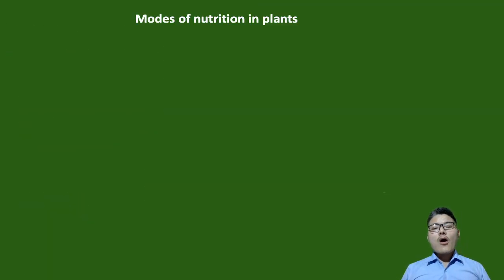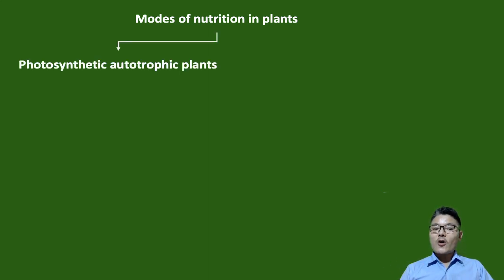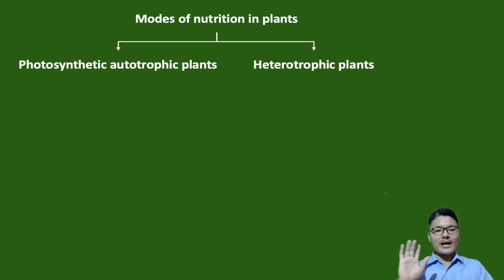Now, how are plants able to feed themselves? What are the different modes of nutrition in plants? Plants are not only photosynthetic autotrophic, they also follow heterotrophic mode of nutrition. So we have photosynthetic autotrophic plants and heterotrophic plants. In case of photosynthetic autotrophic plants, they are able to synthesize their own food.